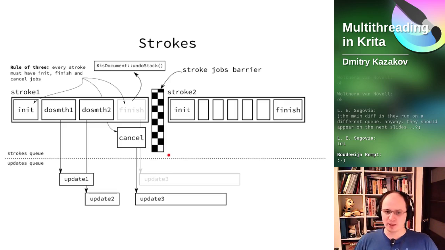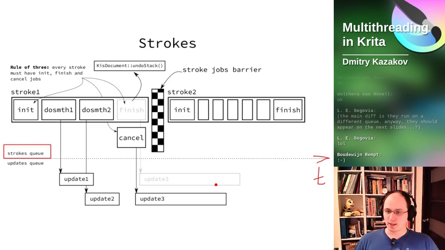And an important point about it: it doesn't block updates. This barrier happens only in the strokes queue. As you can see in this image, if you consider this as time, stroke 2 may start its execution before the last update from the previous stroke is completed.